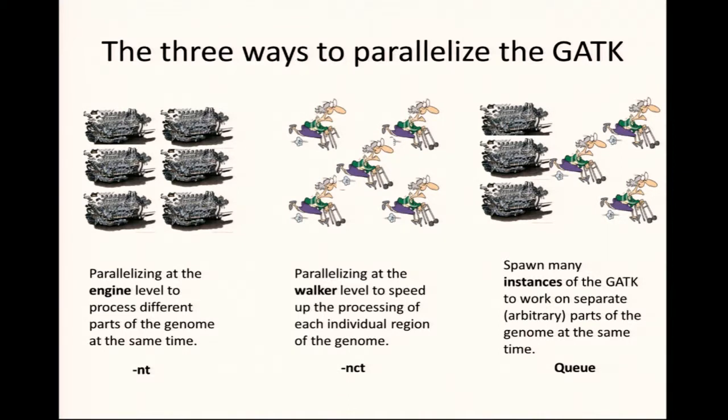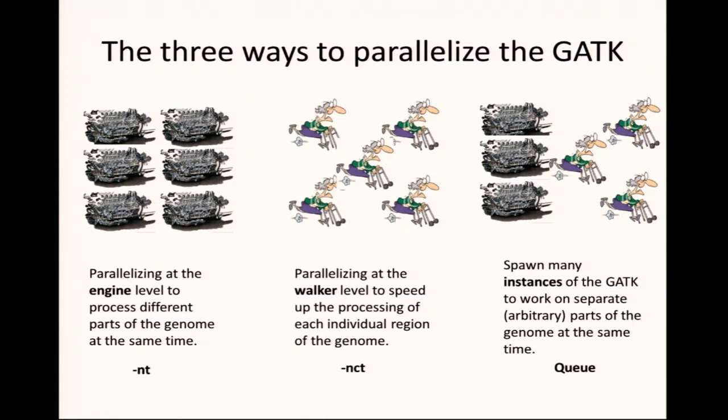Both of these options are supposed to be shared memory parallelism. These are all supposed to be happening in one machine, your machine or a server machine, and the only option you have there is to say how many ways parallel you want this to happen. So if you say -nt 4, you're saying use 4 cores to process my data.